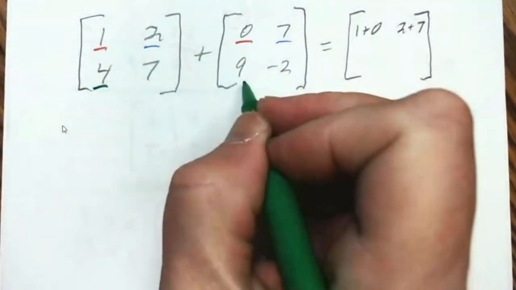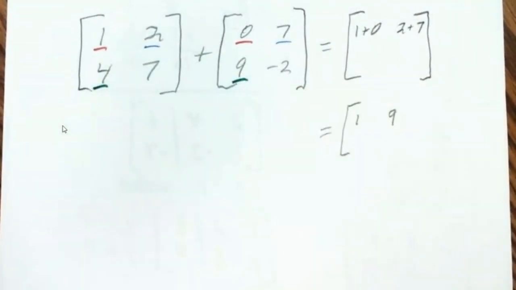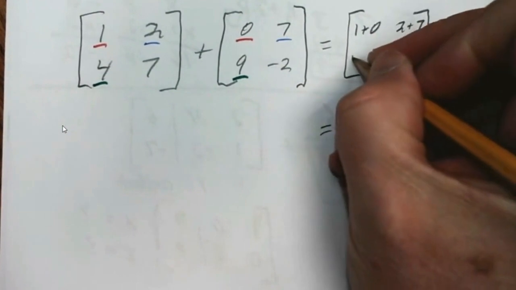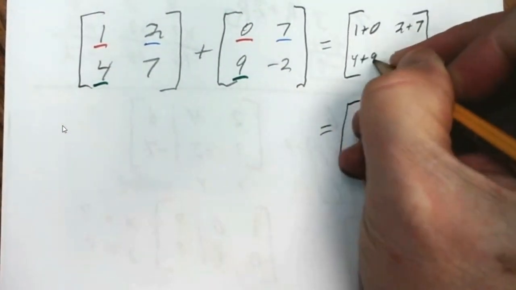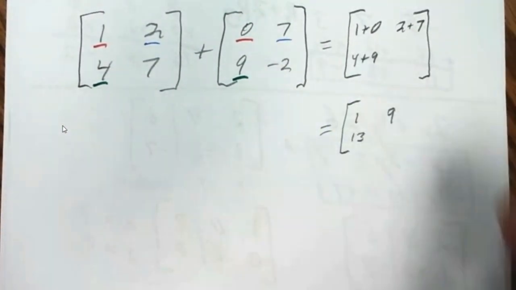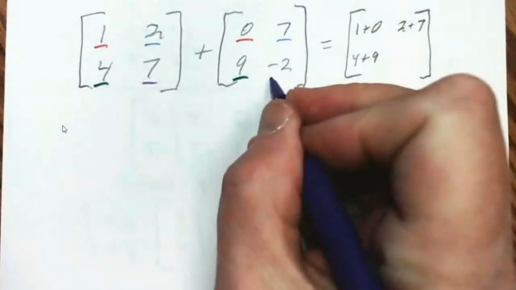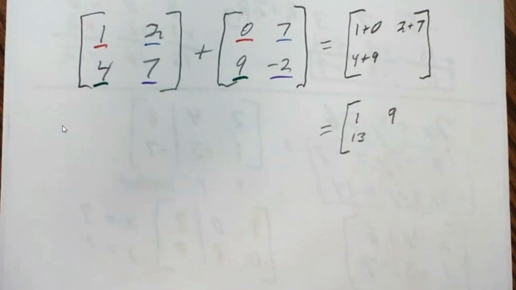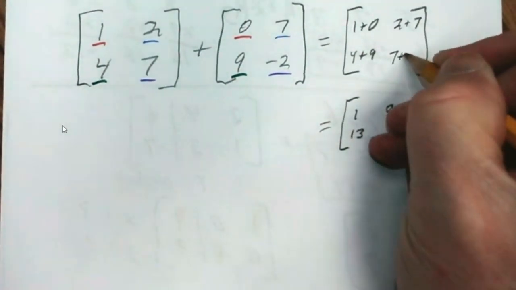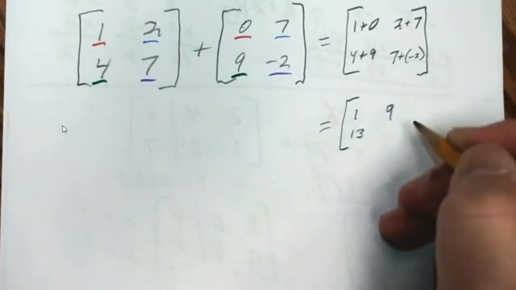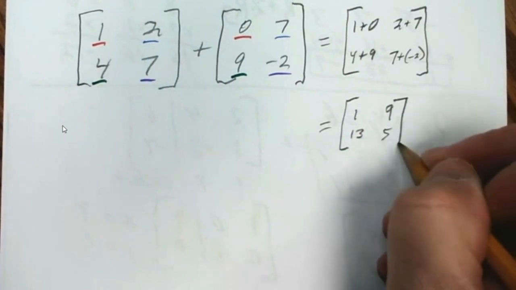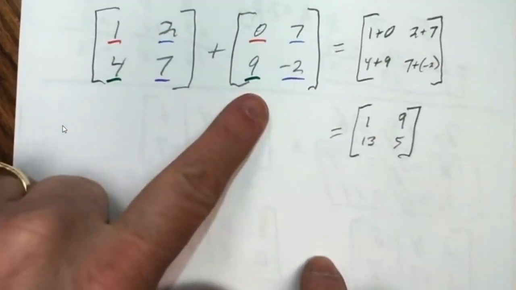Second row, first column: 4 plus 9 becomes 13. And the second row, second column: 7 plus -2 is 5. So we can add these two together and we get this.